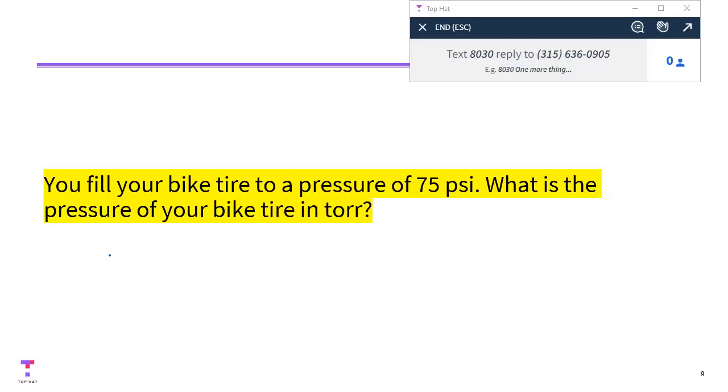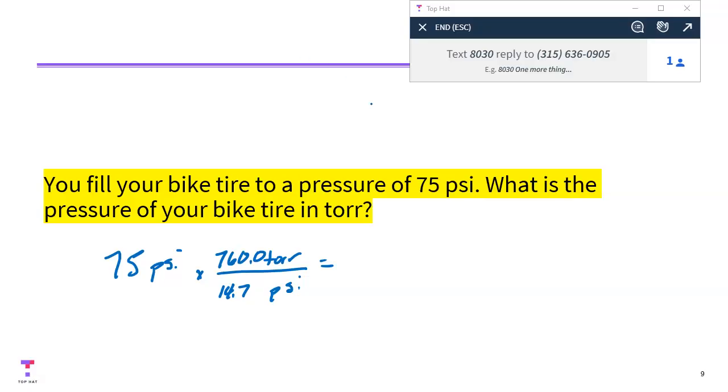With that in mind, a conversion like this is actually pretty easy to do. I just pulled the values off of the table, 760 to 14.7. So 75 multiplied by 760 divided by 14.7.